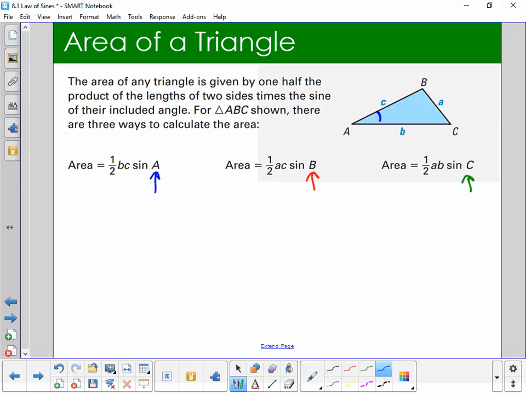If we have angle A, the two sides that you use are going to be the two sides that are adjacent to angle A, the two sides that are forming angle A. If you have angle B, the two sides that you're going to use in the formula are the two sides that surround angle B. If you have angle C, the sides that you're going to use in the formula are the two sides surrounding angle C, so side A and side B.